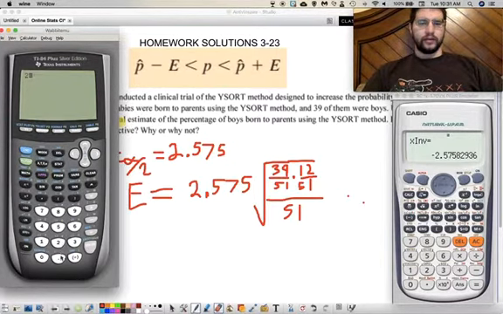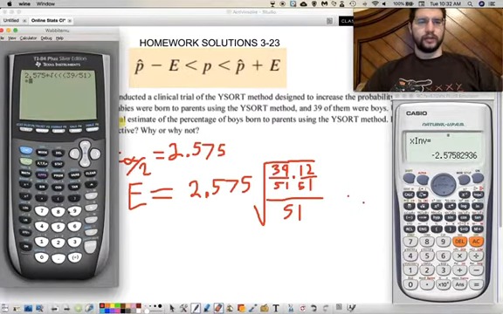Okay, so you type in 2.575 times the square root. Always open up a parenthesis for your numerator. I've got another fraction, so open up your parenthesis for a numerator: 39 over 51. Close the parenthesis for the first fraction.